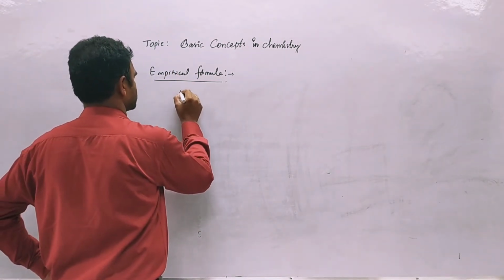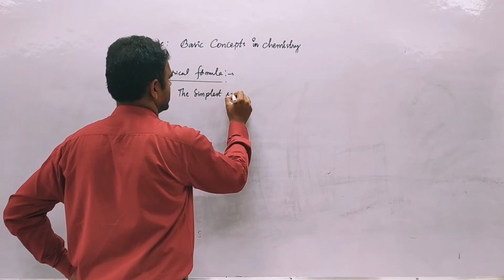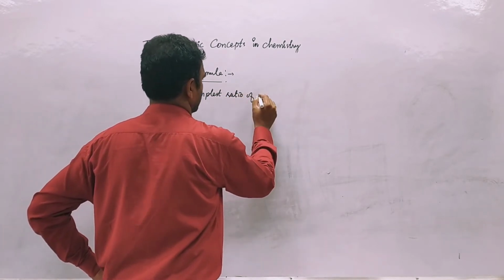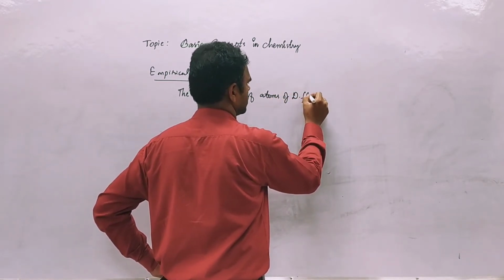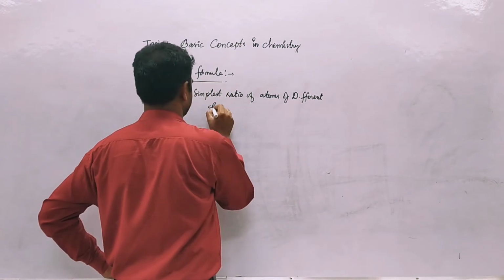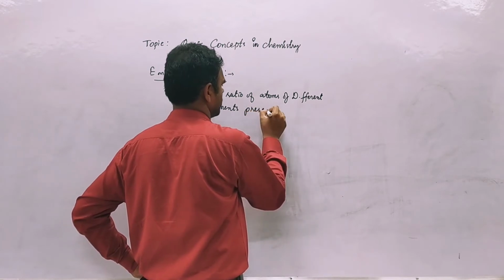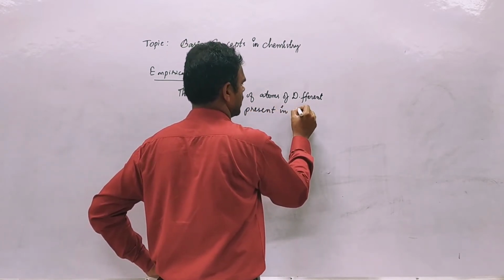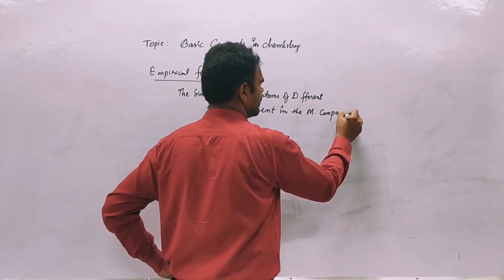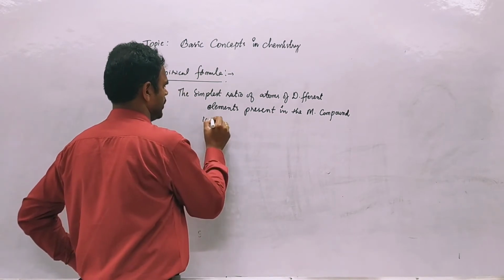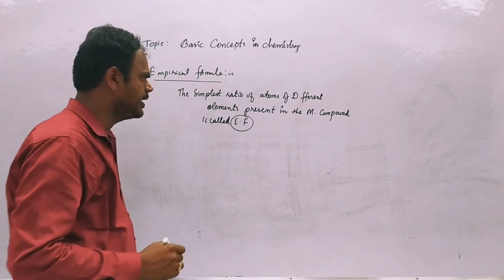Empirical formula can be defined as the simplest whole number ratio of atoms of different elements present in the molecular compound, which is called empirical formula, EF, we say.